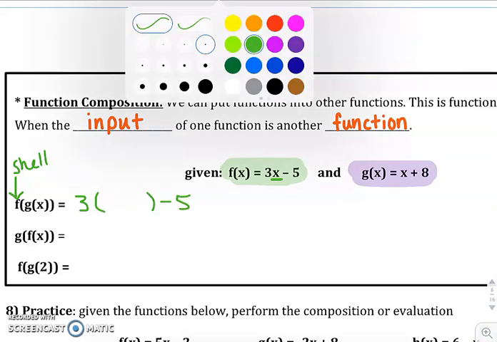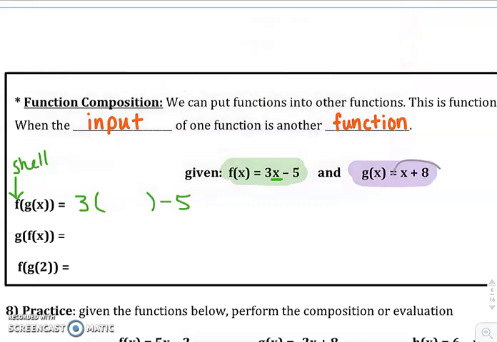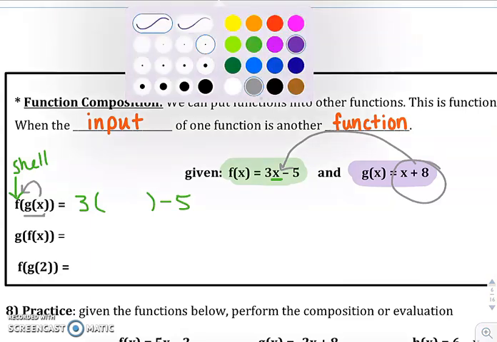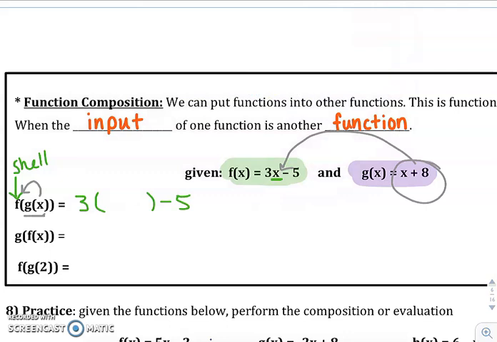And what we're doing is substituting this entire equation into that x. So we put g into the f function. So inside those parentheses, we'll put x plus 8. And then we just simplify.